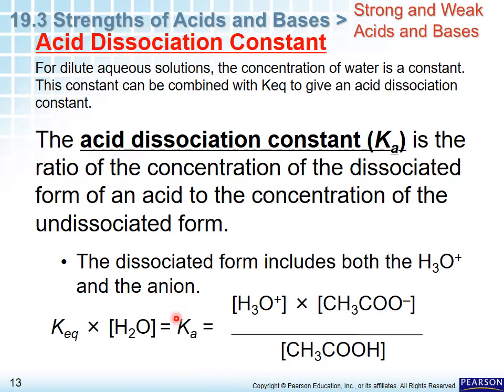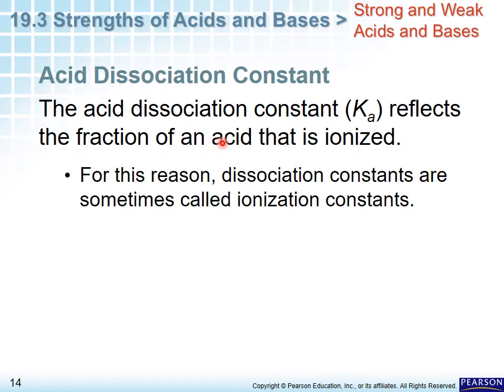This is how you are going to calculate the acid dissociation constant of ethanoic acid. The dissociation constant Ka reflects the fraction of an acid that is ionized. For this reason, dissociation constants are sometimes called ionization constants as well. So the acid dissociation constant is also called the ionization constant.